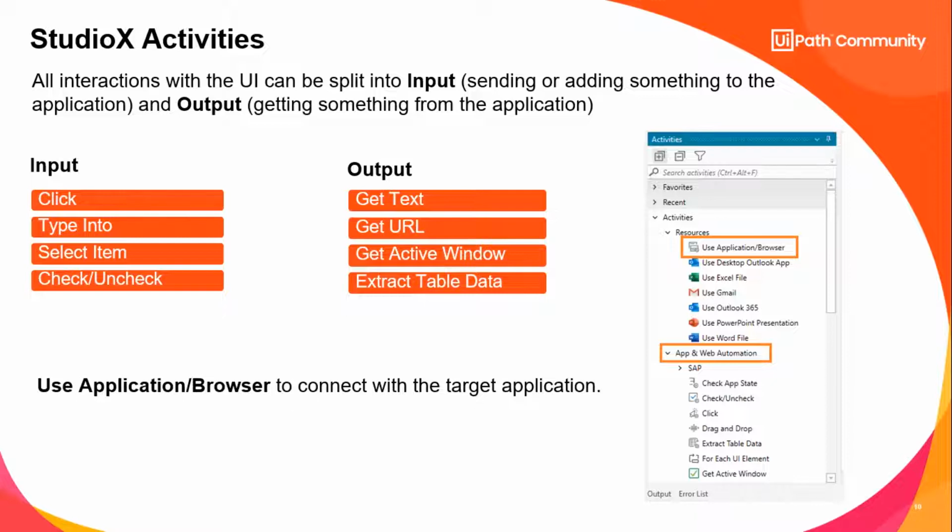Get active window: you want to know which is the current active window you are working on. Or extract data table: if you want to extract the whole tabular data from the web page or any other application. It means you are reading from the application, getting something from the application. So these are the two categories when it comes to UI automation.